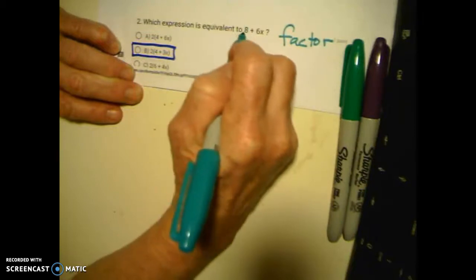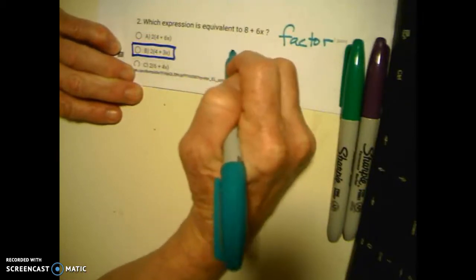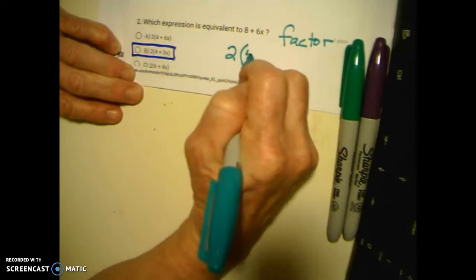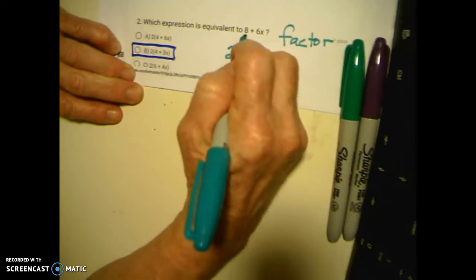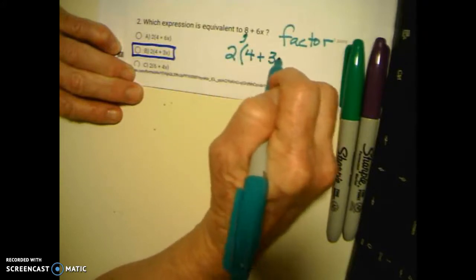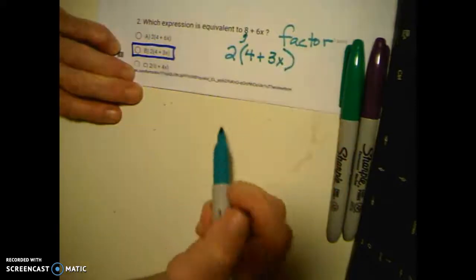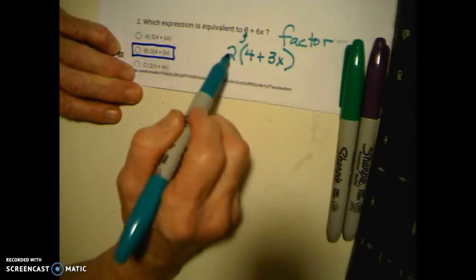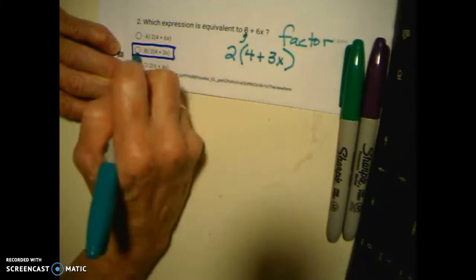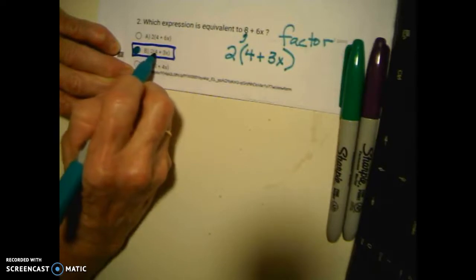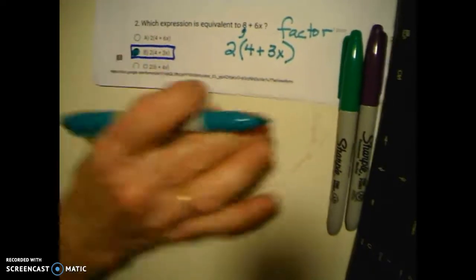When I factor out, in this particular case, a 2, I would know that I would have to multiply 2 by 4 to get 8, and 2 by 3x to get 6x. If you work backwards, you would see 2 times 4 is 8, 2 times 3x is 6x. The correct answer is B, 2 times the quantity 4 plus 3x.